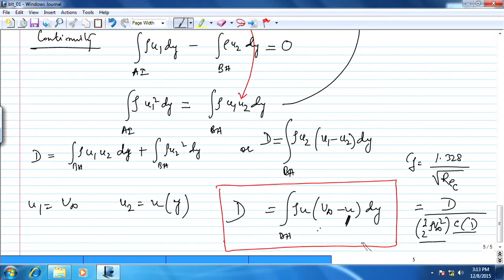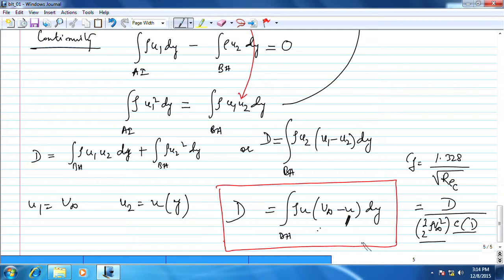So if you remember, this is the relationship which we developed last time, right? We said basically if you are able to give an expression for this velocity, then one should be able to estimate the drag quite well, right?